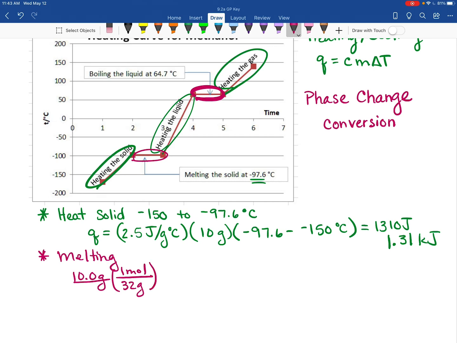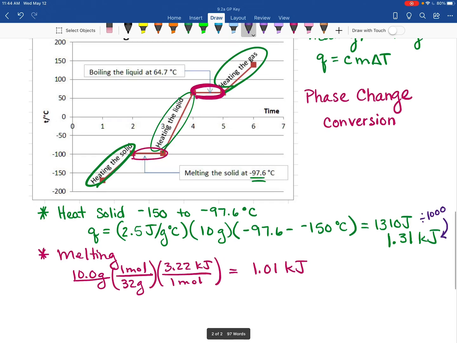And we know to melt it was 3.22 kilojoules per mole. I get 1.01 kilojoules. So that's why I converted this one to kilojoules. In order to do that, we just divide by 1,000 to get the kilojoules. Or we can do another conversion if we want. Okay, so that's the process of melting.